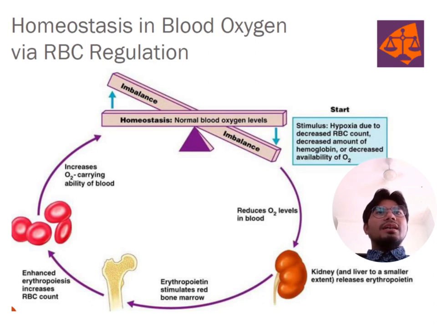Hypoxia is a condition whereby the oxygen level in the human body is low. That can be due to a low number of RBC, or a low number of hemoglobin, or the availability of oxygen in the surroundings is low. Those three factors can lead to hypoxia.